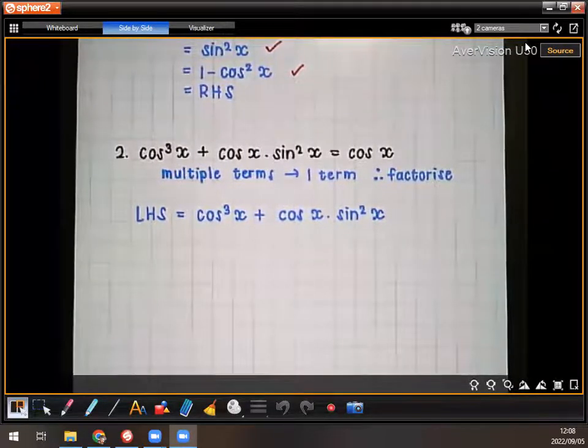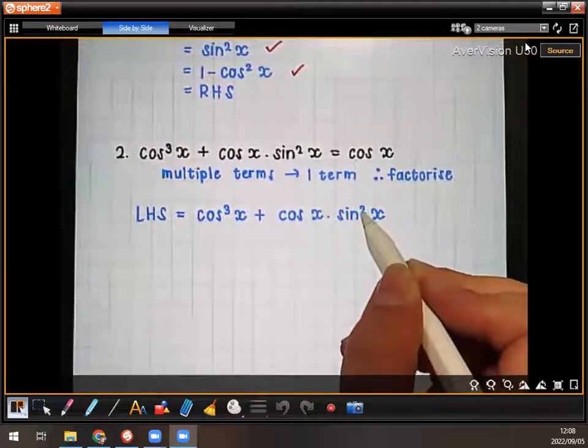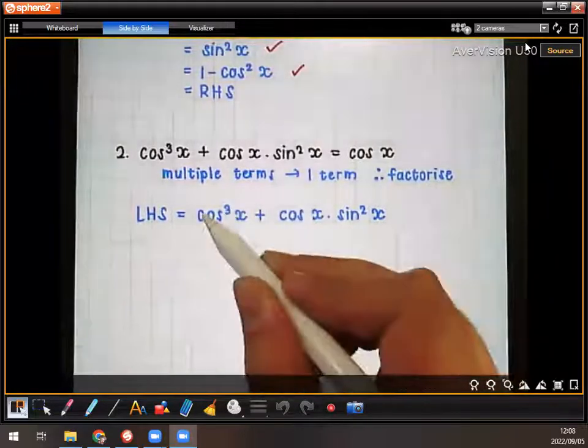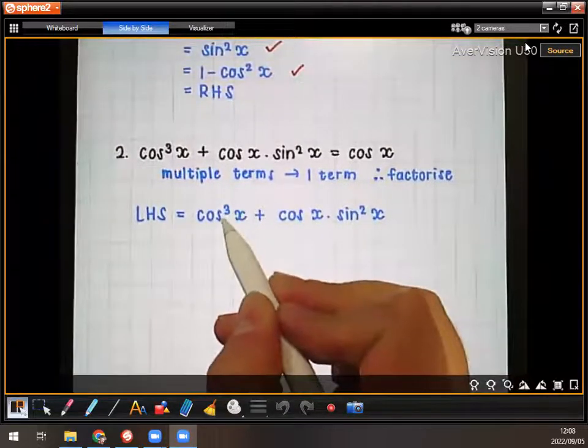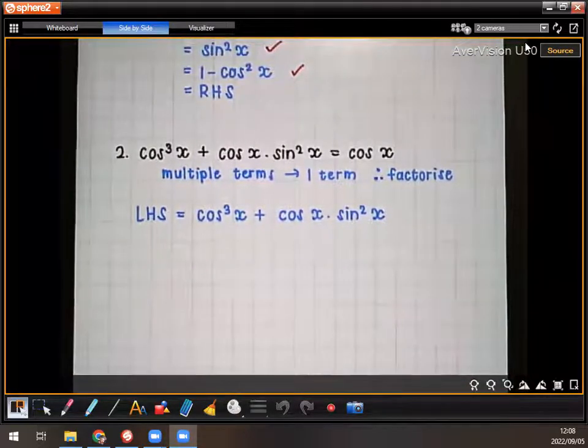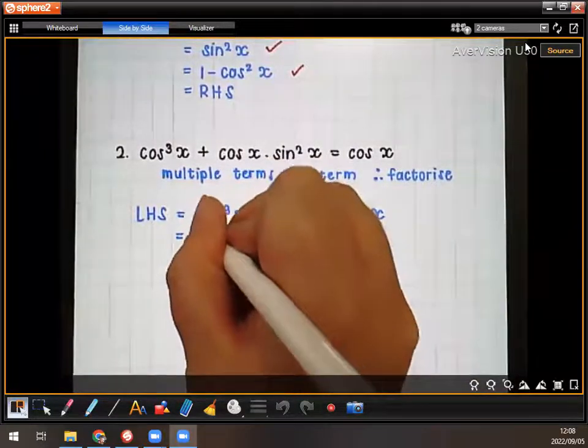So now what type of factorizing do you see there? The first type that we check for is common factor, right? Is there a common factor there? Cos cubed x, and then a cos x sine squared x. Cos x, yeah. Cos x is a common factor because, guys, what's cos cubed x? Cos x times cos x times cos x, right? So cos x is definitely a common factor here.